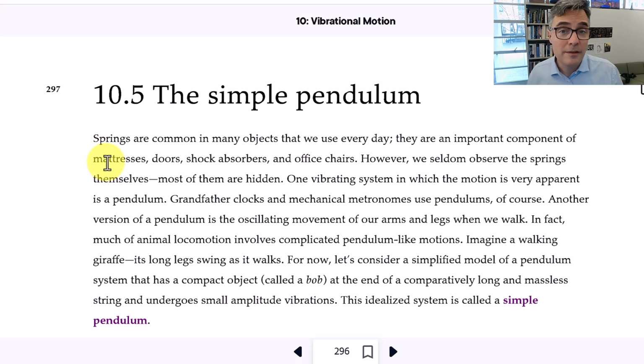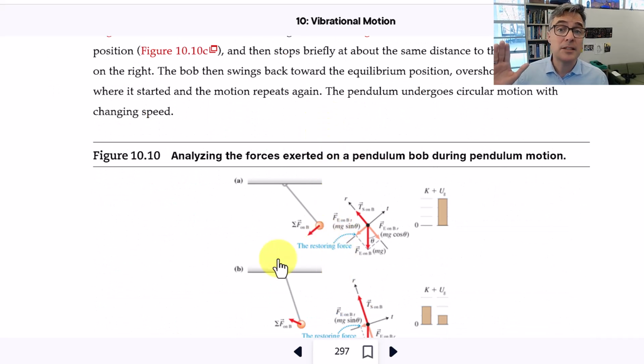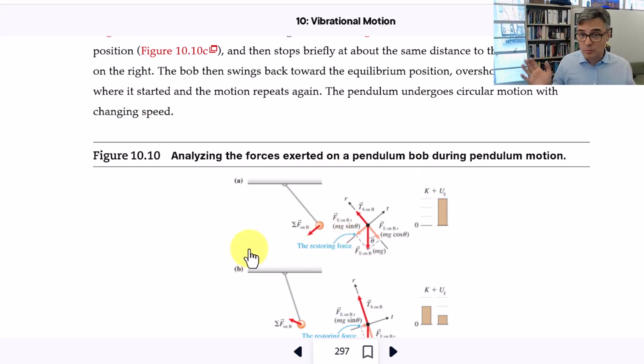And so far, this has all been about masses attached to springs, but there's many other kinds of systems that exhibit vibrational motion that can be modeled with this cosine that are not masses on springs. And so one of them is called the pendulum, simple pendulum. And basically all that is just a mass hanging from a string. So there's no springs involved here.